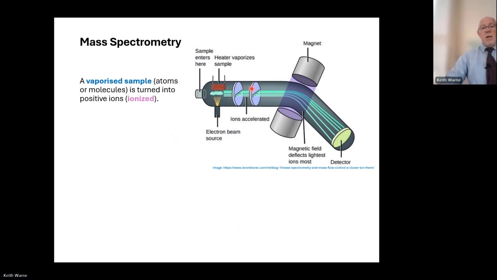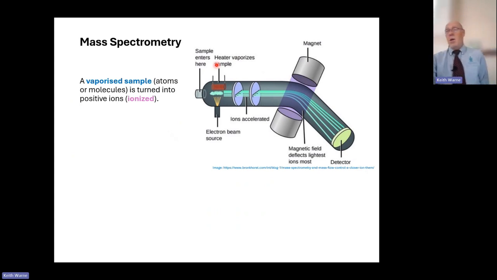You agree? Right. Now, as soon as it comes in here, you have a little electron gun. It says electron beam source. So you're shooting electrons from the bottom here up to the top. Now, how do you do that? There's all sorts of ways of doing it. Don't worry about how they do it. They just shoot electrons through. The sample, when it comes in here, is heated up by a heater, and it turns the sample into a vapor.